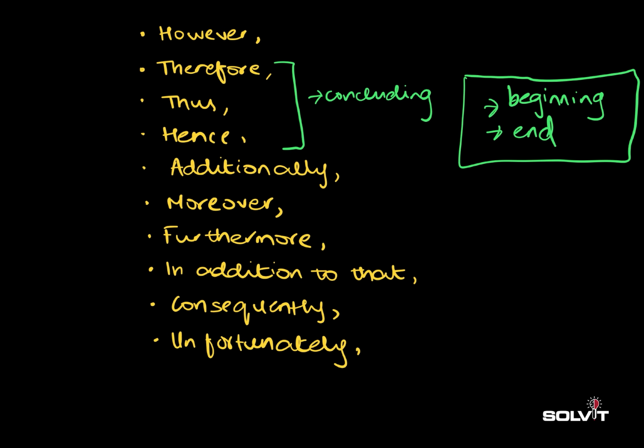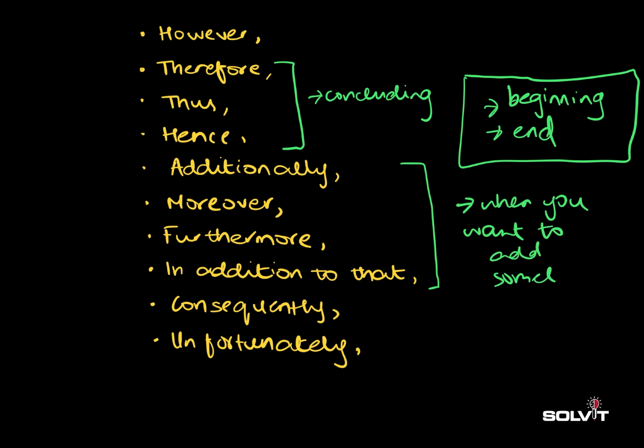Okay. Now, these ones, additionally, moreover, furthermore, in addition to that, this is when you want to add something. Whenever you want to add some information to a sentence, or when you want to build upon the information you have already stated, you will use these words, right?